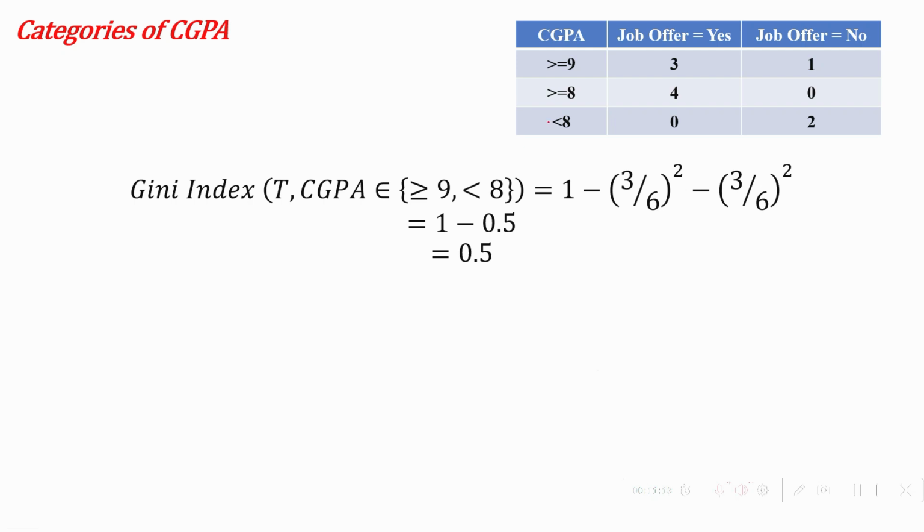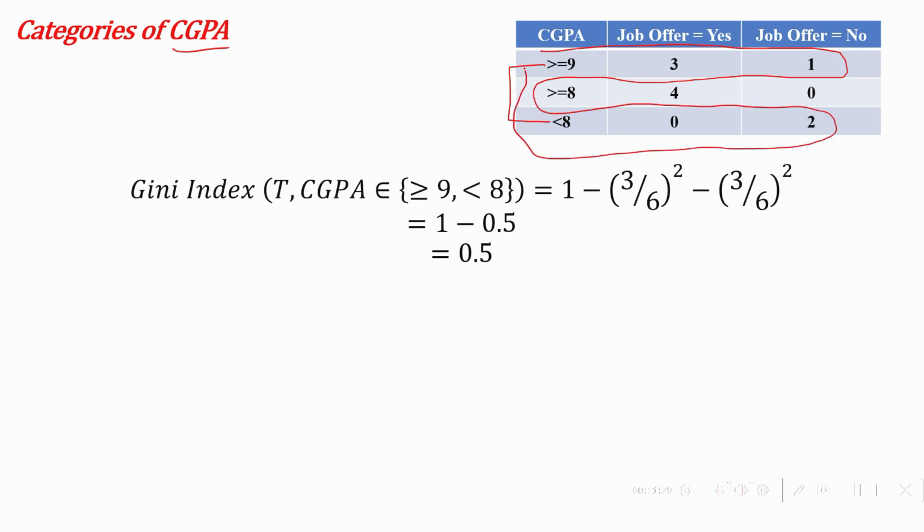Then we are going to find out the other combinations of the CGPA. So here we have the other combination: greater than or equal to 9 and less than 8 is one combination. The number of elements belonging to this subset is total 6 elements: 3 plus 1 is 4, plus 2, equal to 6.